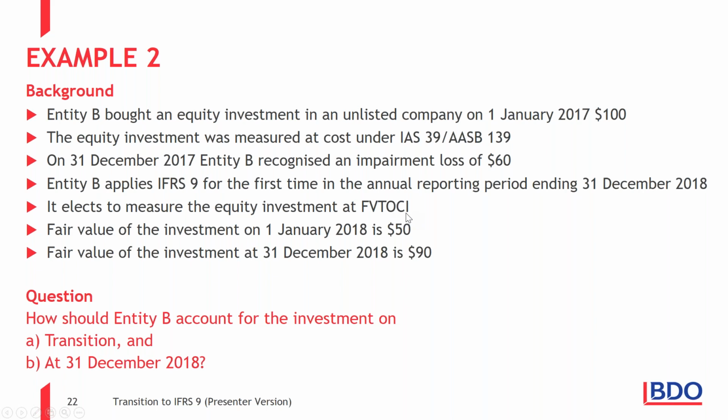The third last bullet point for example 2 should say fair value through OCI. Our question is, first of all, transition, how do we do it? And then how do we do it at 31 December 2018?